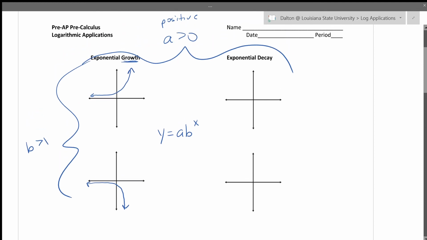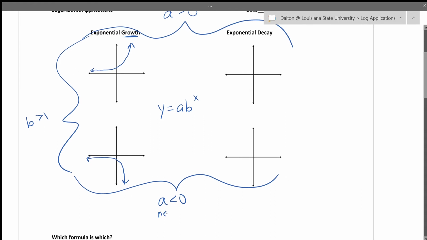So this a is positive also goes for this exponential decay graph. And then this bottom left graph here, the reason it is flipping downward is because a must be negative. Our leading coefficient is less than 0. Okay, and again, remember b stands for base. So our base has to be bigger than 1.